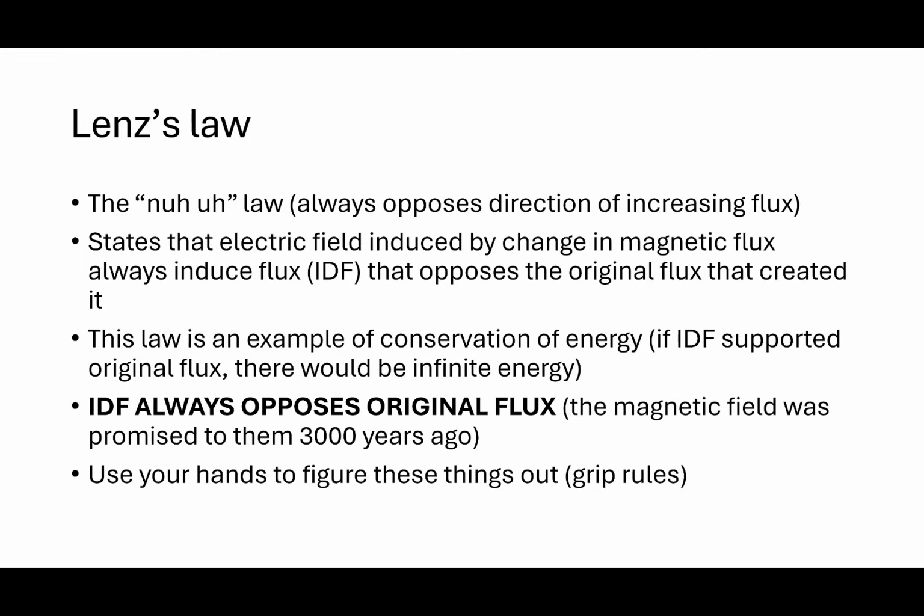And the way we can wrap our heads around this is to use our right hand grip rules to figure out A, the direction of the original flux, where it's increasing, and B, what direction the coil will have current flowing or the magnetic field will flow to oppose it.